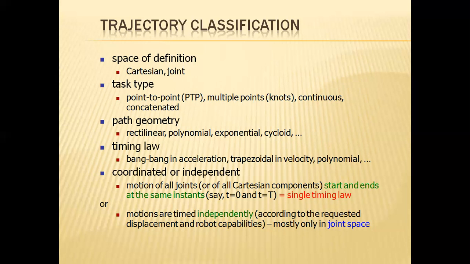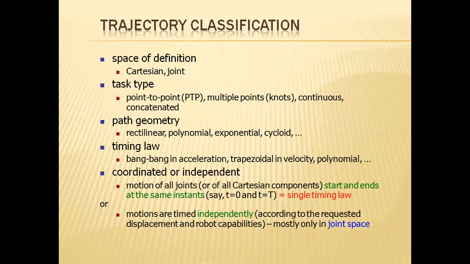Prismatic joints in the sense of either positive x or negative x, either y in both positive and negative, z in both positive and negative. Task type: what are the task types commenced in the space of the Cartesian system? That is nothing but point to point, multiple points, nodes as we have seen in the previous graphical representation, and even the continuous concatenations.